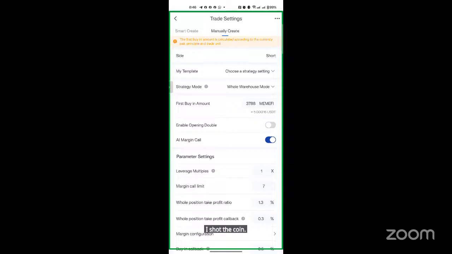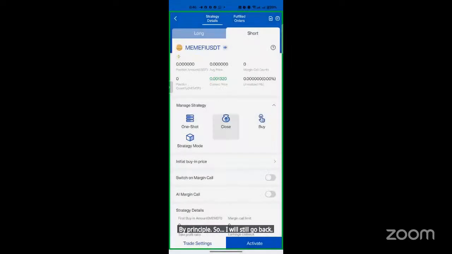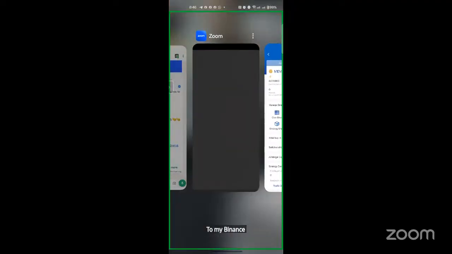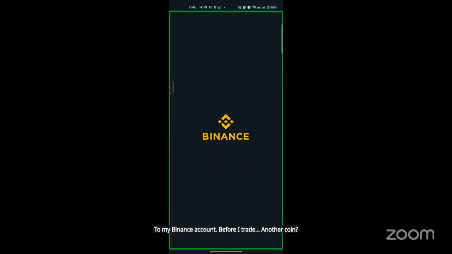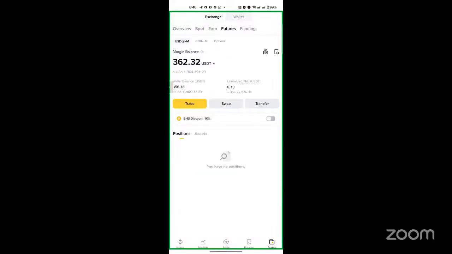I don't want to trade many coins by principle. So I will still go back to my Binance account before I trade another coin. And I open my futures account.